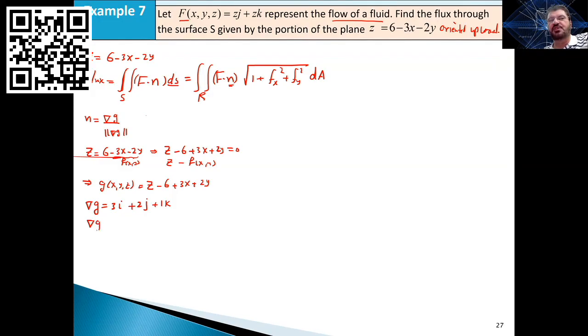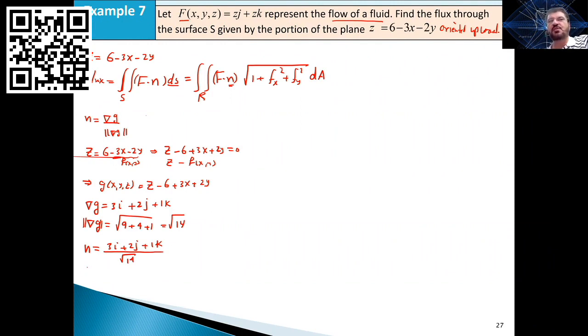The magnitude of the gradient of g is the square root of 9 plus 4 plus 1, and this is the square root of 14. So what's N now, guys? It's the vector 3i plus 2j plus 1k divided by the square root of 14. That's N.